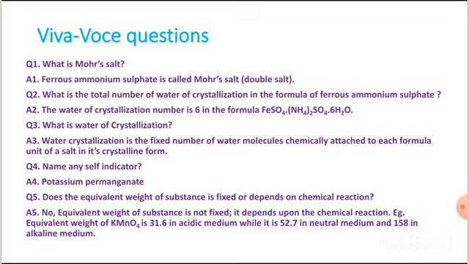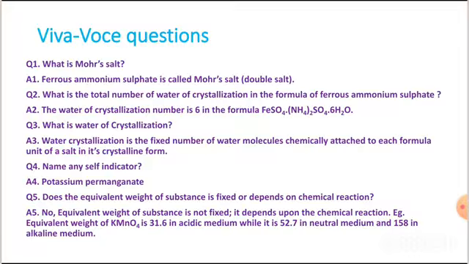Viva voce questions. The first question is, what is Mohr salt? Answer is, ferrous ammonium sulfate is called Mohr salt, that is a double salt. Next question, what is the total number of water of crystallization in the formula of ferrous ammonium sulfate?